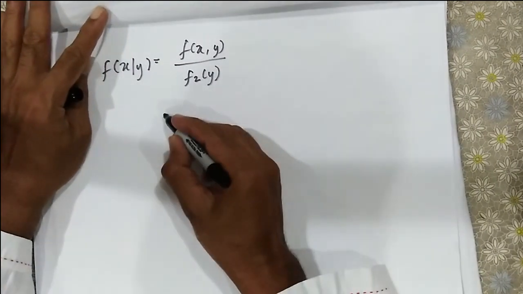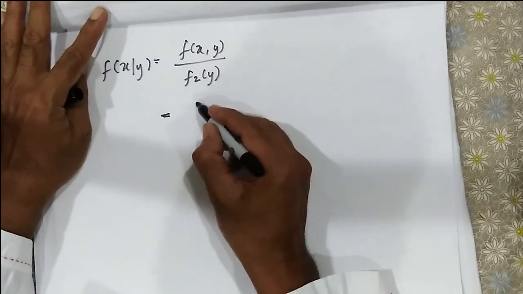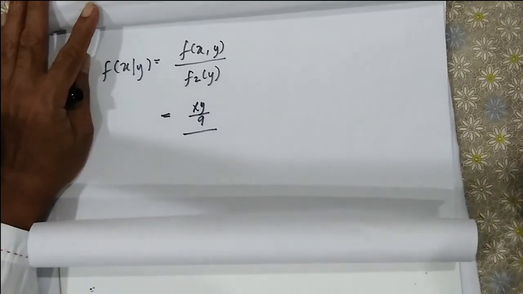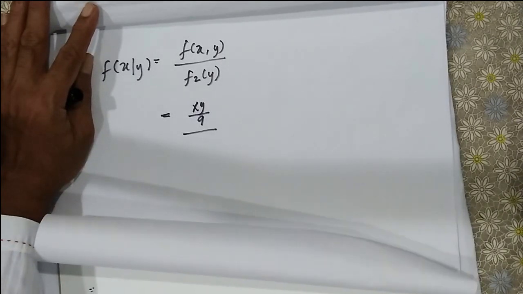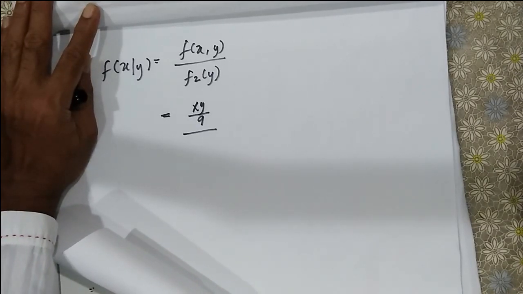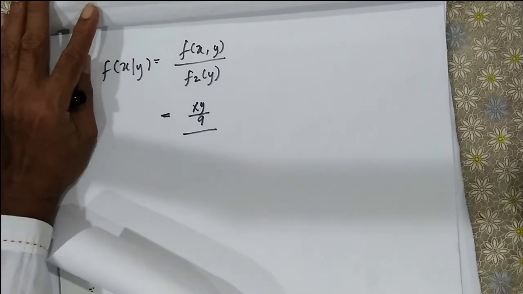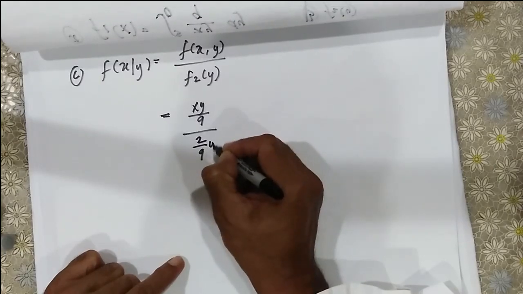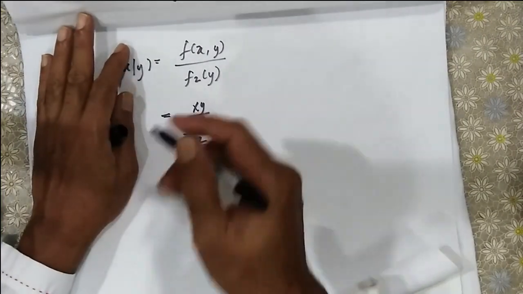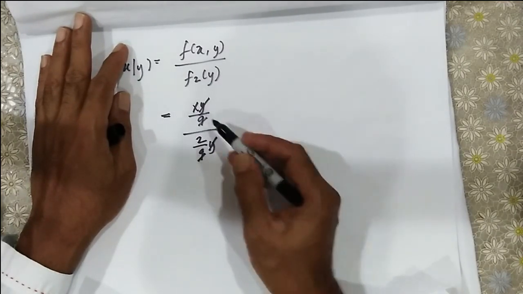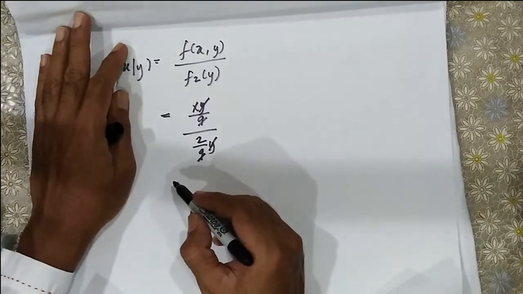We know that f(x,y) is xy over 9 divided by f sub 2 y, which is 2 over 9 y. So we can cancel off this one and this one. So the final answer here is x over 2.